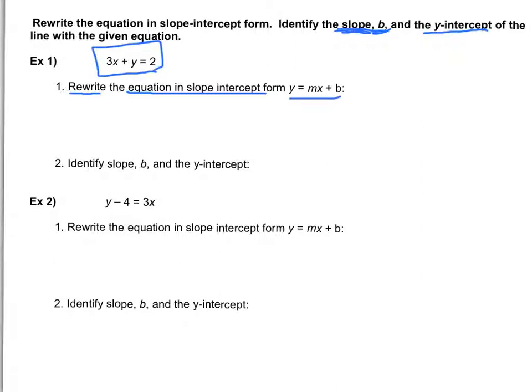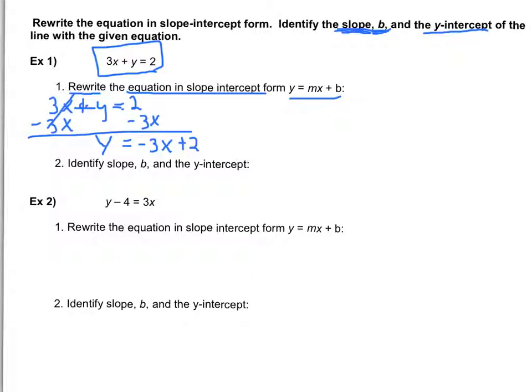So that means I'm going to take 3x plus y equals 2, and I'm going to subtract 3x from both sides because I want the y to be on the left-hand side and everything else to be on the right. So this cancels, and I get y is equal to negative 3x, because I subtracted it, plus 2.